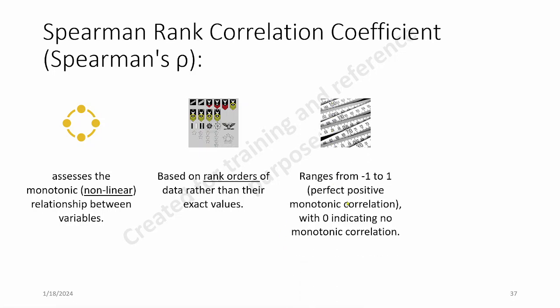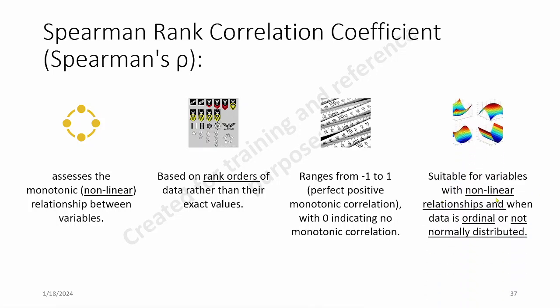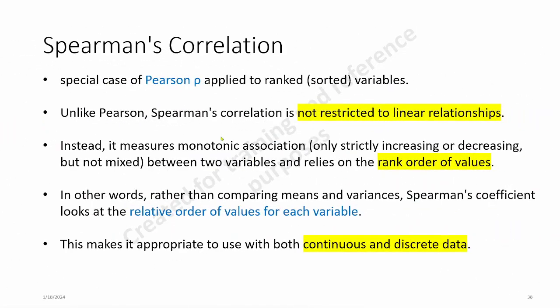And again, the range is -1 to +1, and it is suitable when we have non-linear data, and it could be used when we have continuous or ordinal data as well. Spearman correlation is used when we have data which does not have a linear pattern, and it is based on the rank of the values.